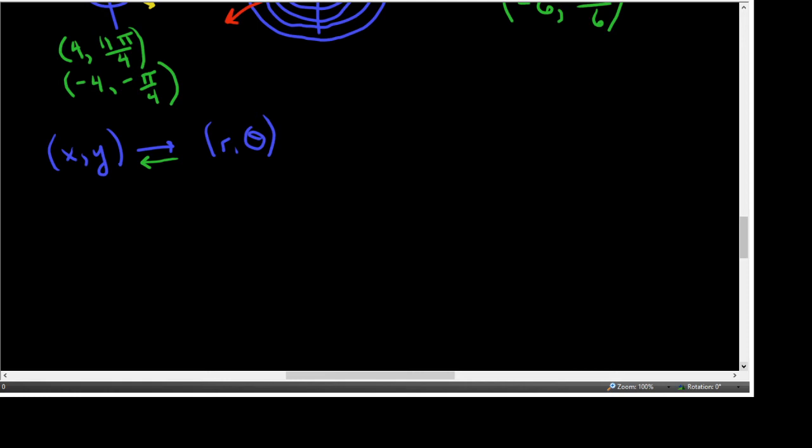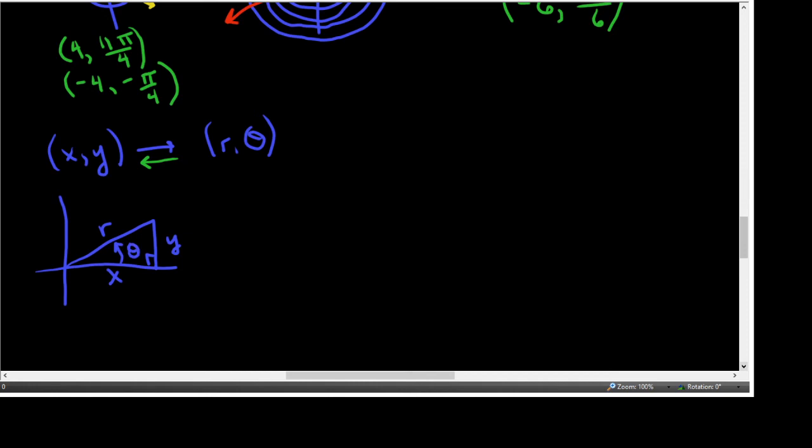So if I have x and y, let's do that first. If I have x and y and I'm trying to find r and theta, we need to find a relationship amongst those things. So if I were to draw a triangle, kind of like what we did in trig, where x is this leg of that right triangle and y is this leg of that right triangle, r is the hypotenuse, and the angle is theta.